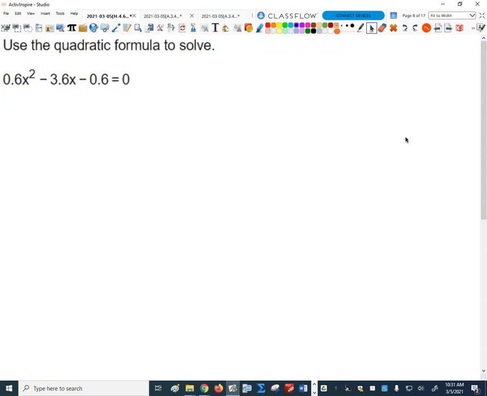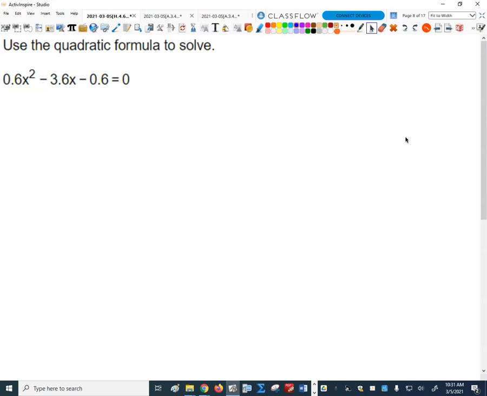Okay, what about this one? What would I do here? I don't have to do anything. I could use that as it's written, but what's a little bit ugly about that equation as it's currently written? The decimals, okay. So what could I do to eliminate the decimals there and make the numbers a little bit easier to work with?